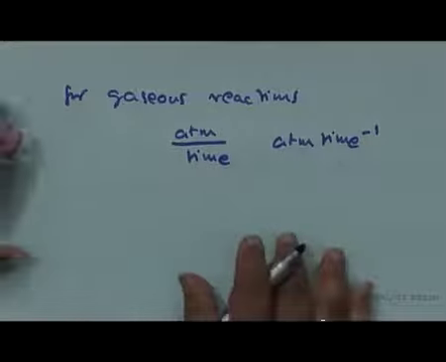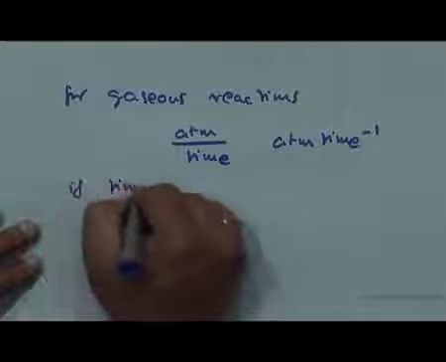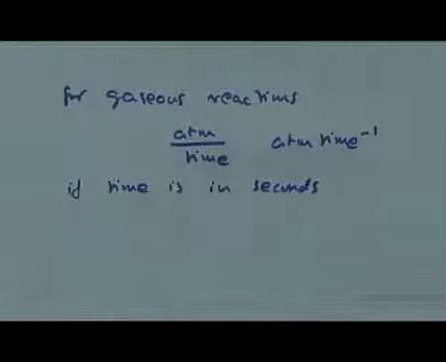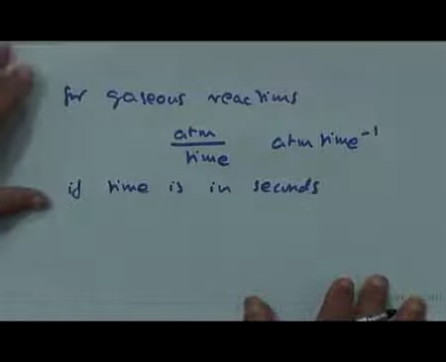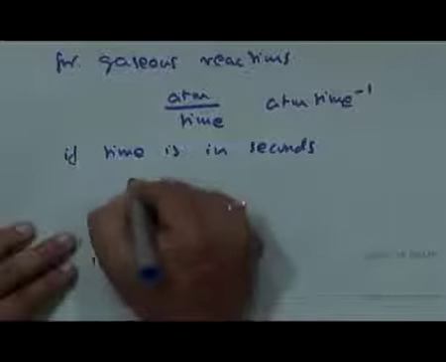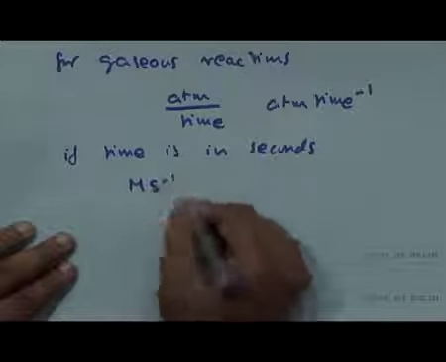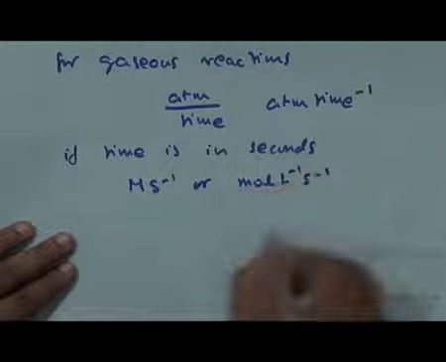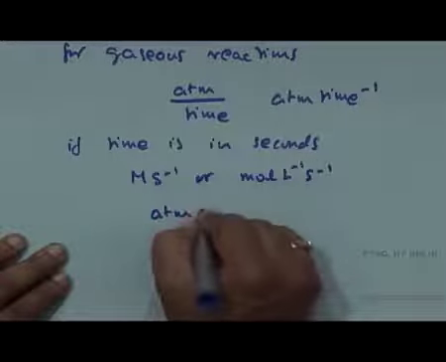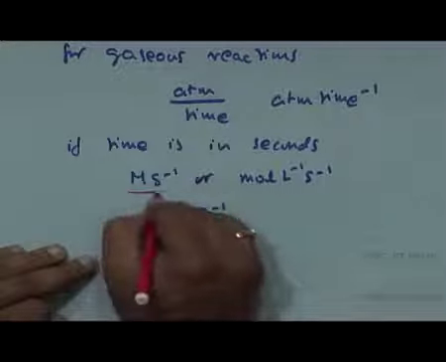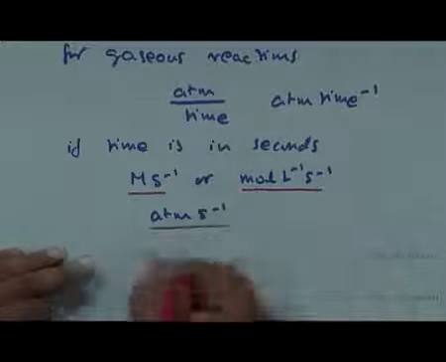If time is expressed in seconds, then for the molar unit I can write mole liter inverse second inverse, and for gaseous reactions I can write atmosphere second inverse. So, this is very straightforward.